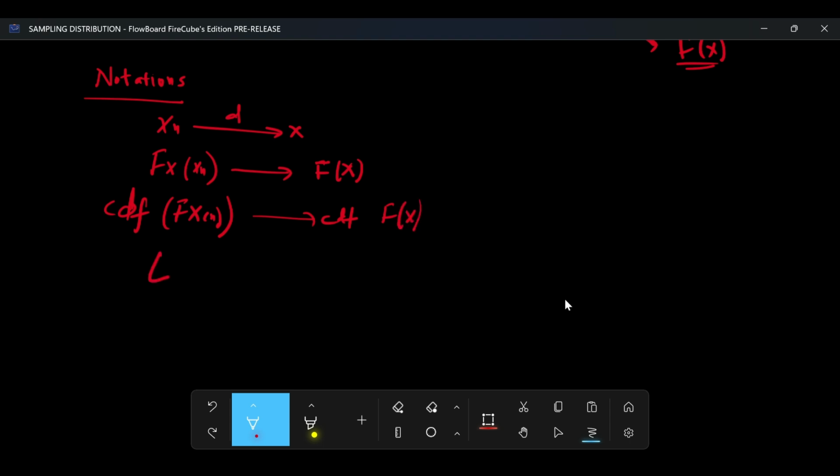Or we can denote this as L of Xn will converge to L of X. So this is the single random variable. It converges to some single random variable only, or CDF of some single random variable.